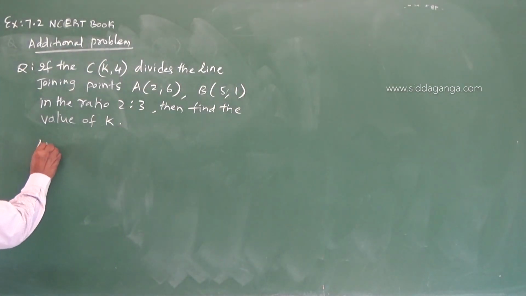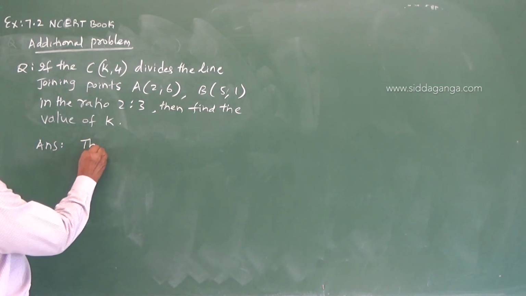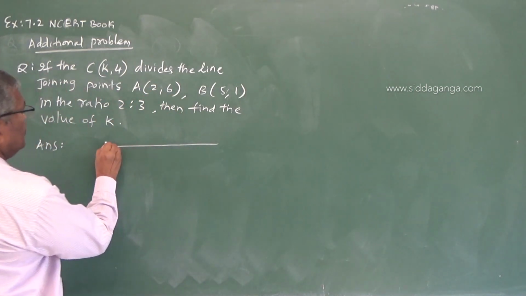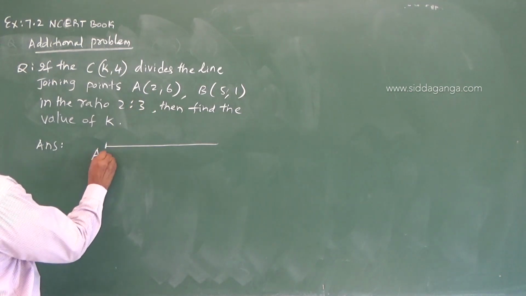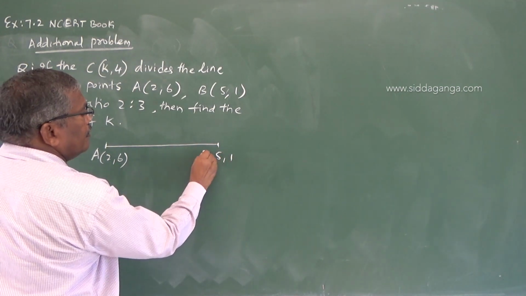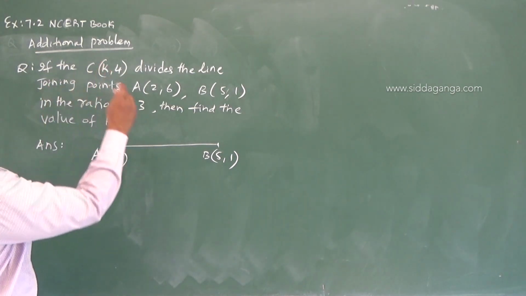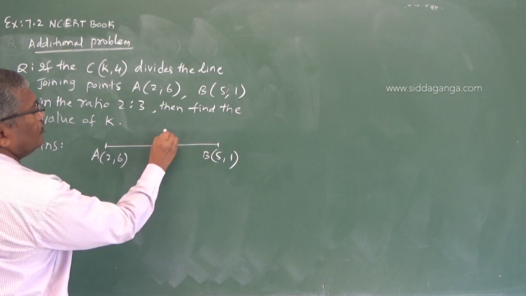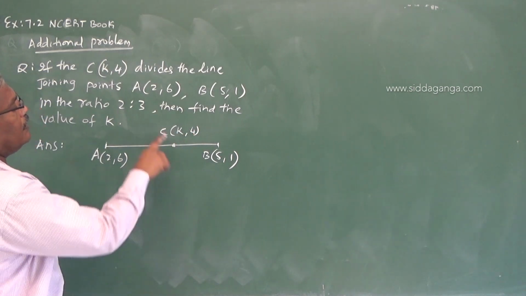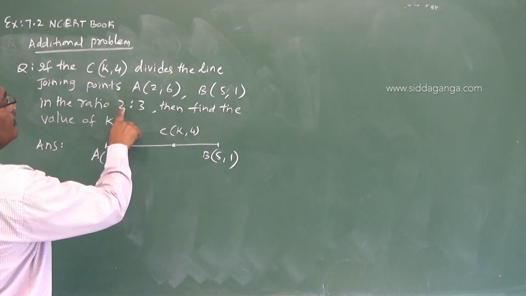So, we have to proceed like this. It is given like this: A is given, you can imagine this is point A and it is (2, 6). Point B is (5, 1). Point C is in between these two, and its coordinates are (K, 4). The question says C divides AB in the ratio 2:3.